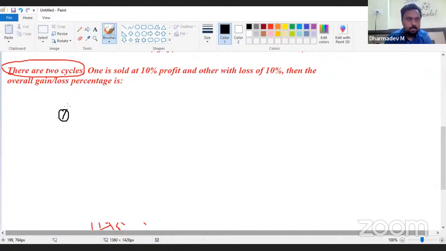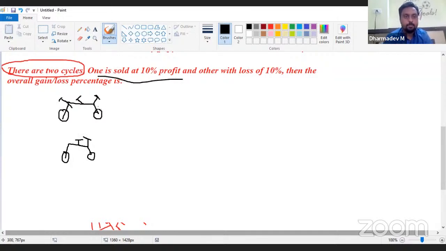Let's say cycle 1 and cycle 2. Let it have only 1 seat. Cycle 1 is sold with 10% profit.